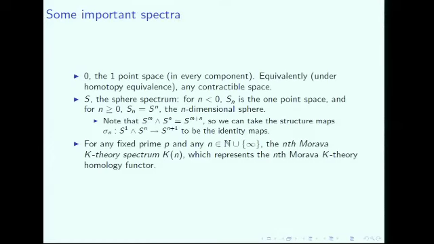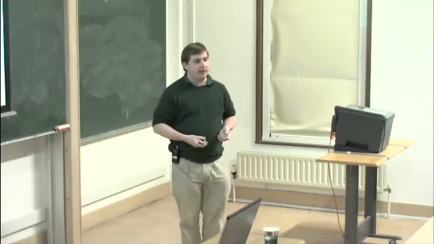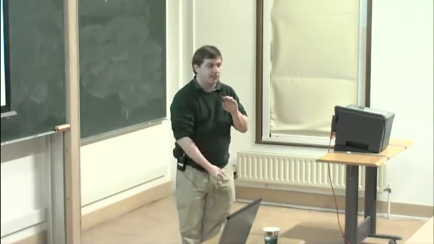Now we're going to be doing some set-theoretic talking about the power set of the naturals, so we need some other examples, and I don't expect you to know what this is. I myself don't really know what this is, but for any fixed prime p and any natural number or infinity, we have the nth Morava K-theory spectrum.